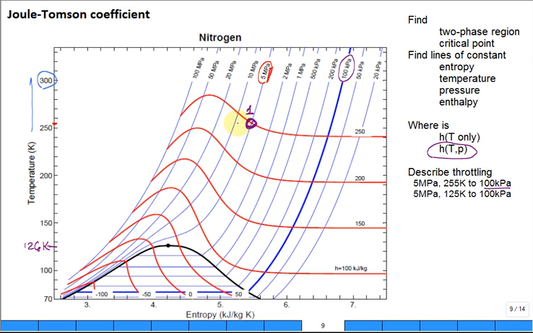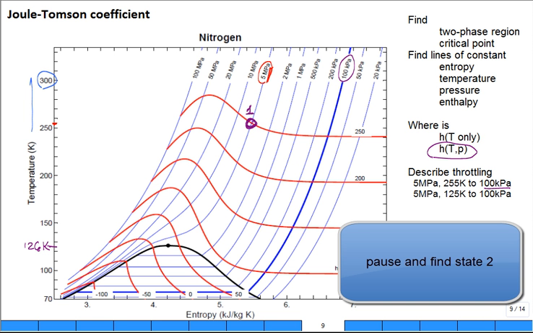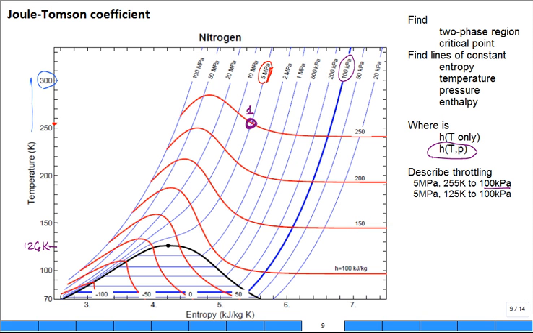Where's the exit to the throttling process? Where is that on this diagram? It has to be somewhere on the thick blue line. Is it going to be just straight across, hit there? It'll be on the intersection of the red line because the red line indicates constant enthalpy, and we know the throttling process is isenthalpic.